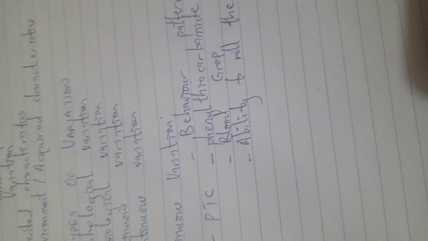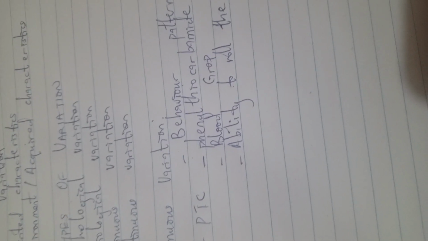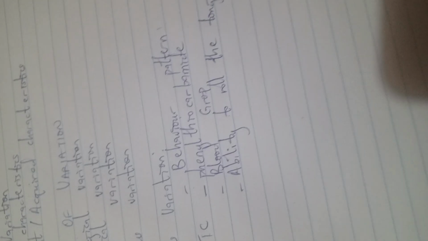Now, JAMB can ask a question like this: which of these physiological variations are discontinuous? Now let us look at this one by one.